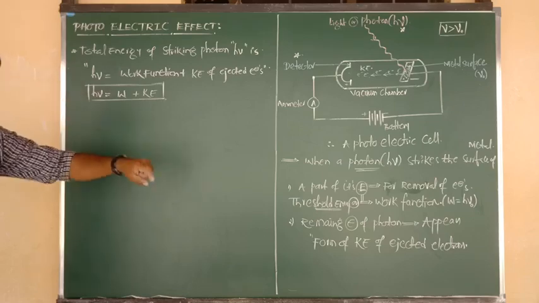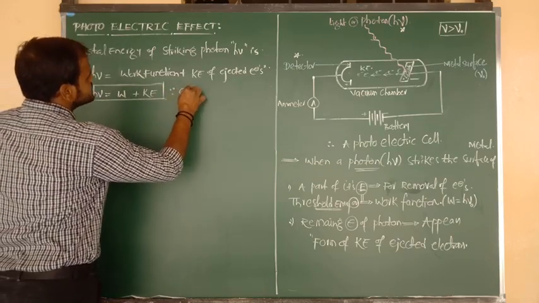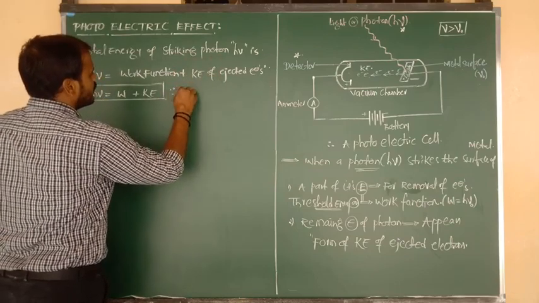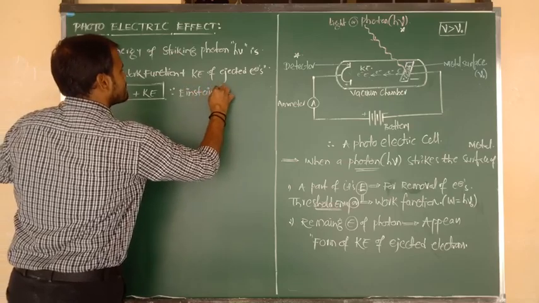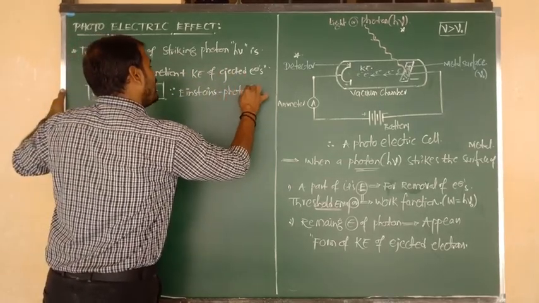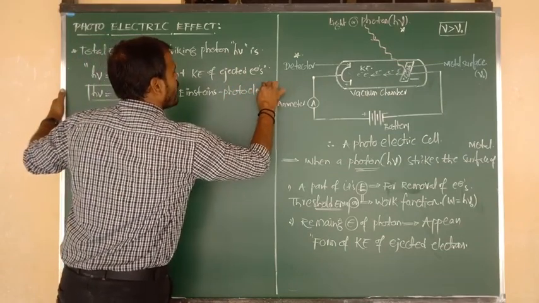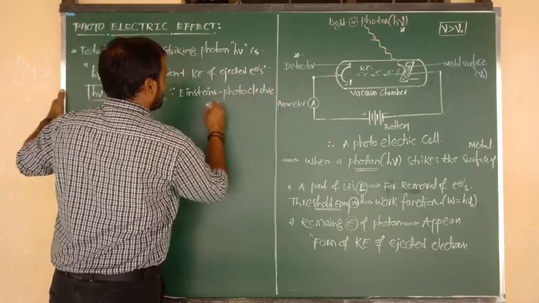This is the equation we have to call. It is known as Einstein's photoelectric equation. What can we say, beta? Einstein's photoelectric equation.